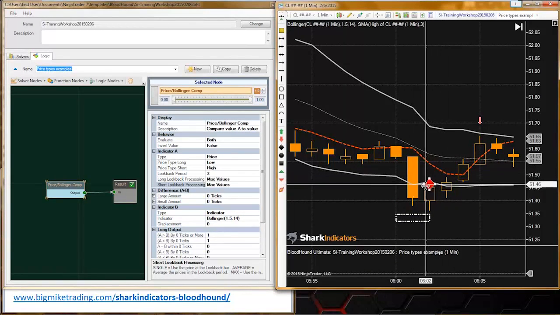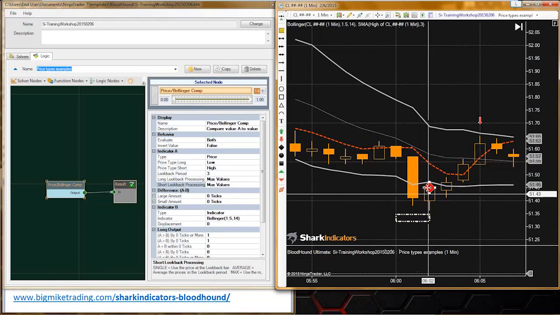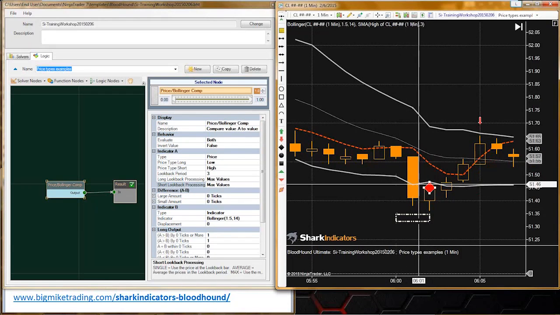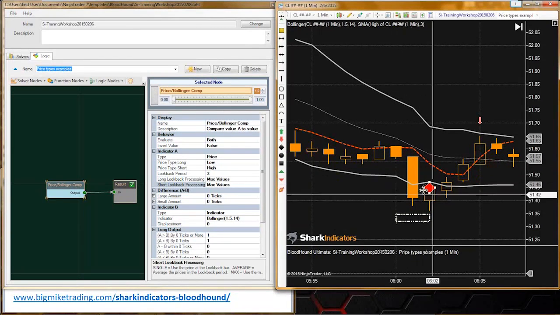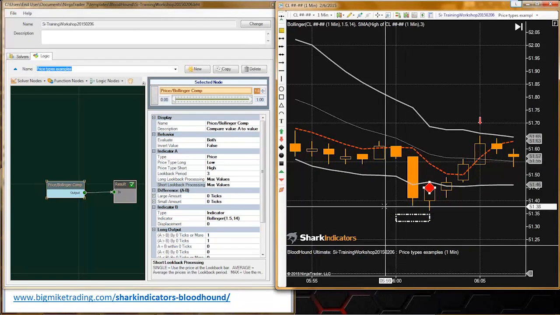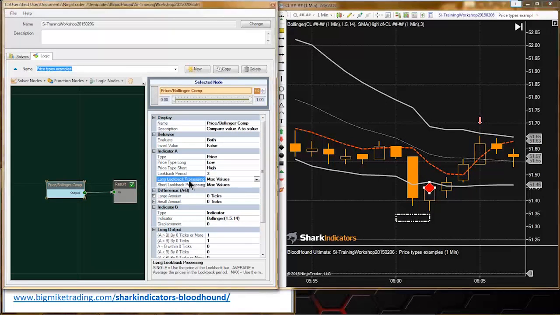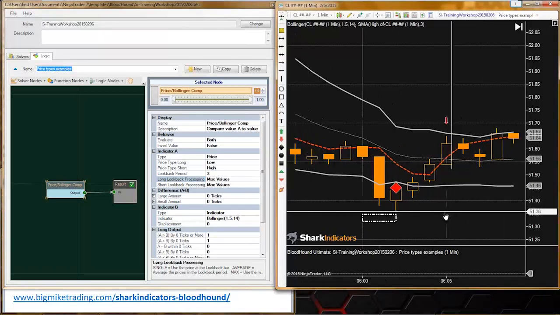There was only 1 bar that was below. If you use the max on the short side, you would have to have 3 bars that had their high price below the low in order to get a signal, and I don't think that happens anywhere. So instead, I'm going to use the long side to demonstrate this.